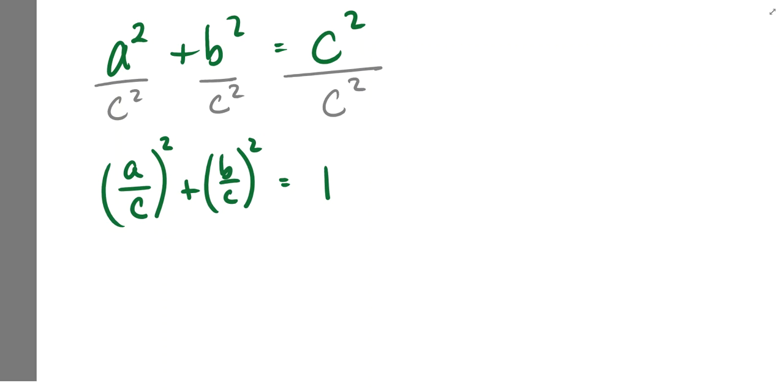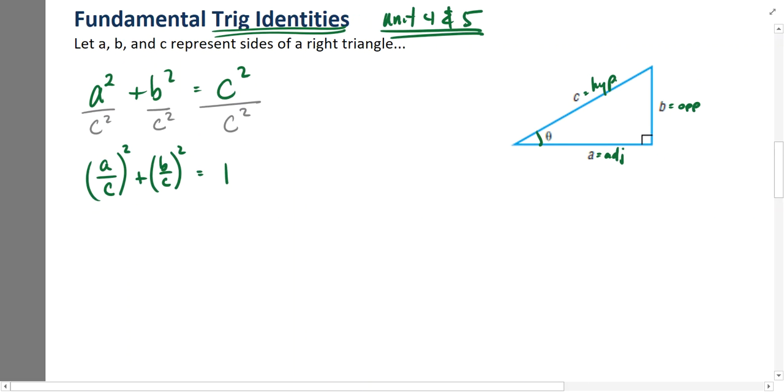And on the left side, I can write this as a divided by c, squared, plus b divided by c, squared. Now to make this a little bit more interesting, I'll note here that a, which was representing our adjacent side length, and c, which was representing our hypotenuse side length, can now be rewritten that way. So this is the adjacent side length divided by the hypotenuse, squared, plus b, our opposite side length, divided by the hypotenuse, squared, and that has to equal 1.